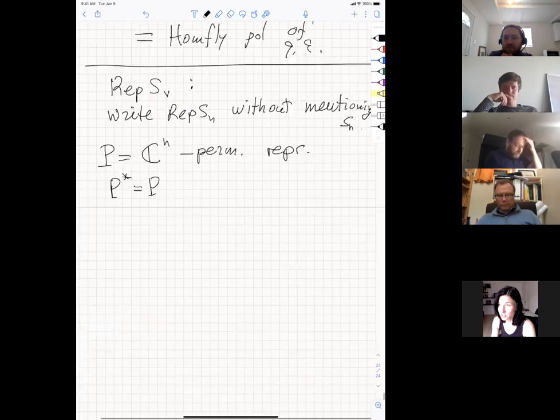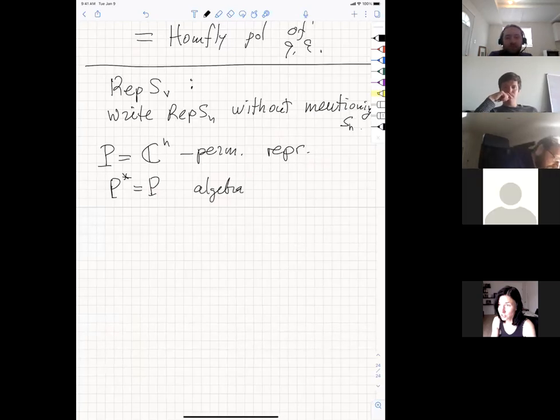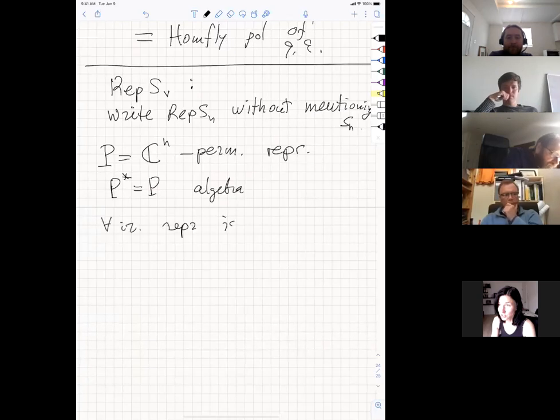So this is actually not just a representation, it's an algebra. The multiplication is invariant with respect to the symmetric group. So it's just functions on the set of n elements. And then any irreducible representation is a direct summand in P^⊗n. So again, we can define the category of objects.